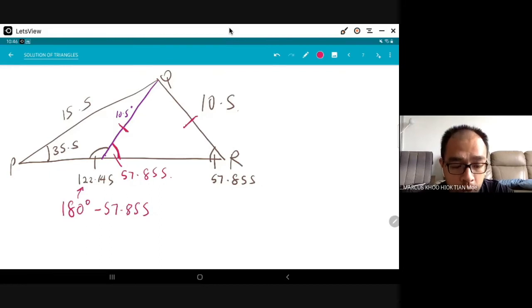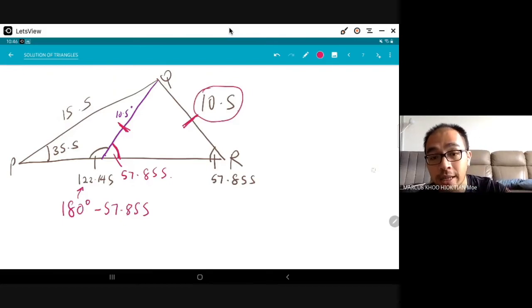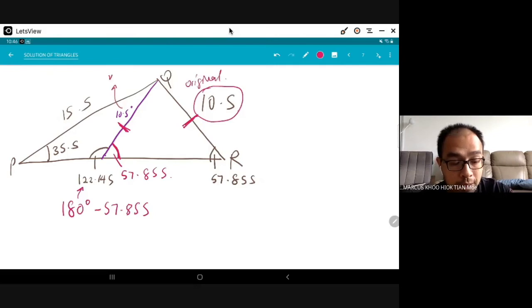So this is what we call the side that cannot change length, but it can change position. When we change the position of the 10.5, this is the original position, and this is the new position. What happens is that we get two different angles: one acute angle and one obtuse angle.